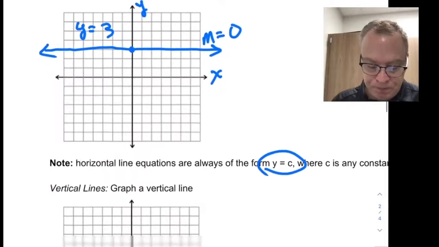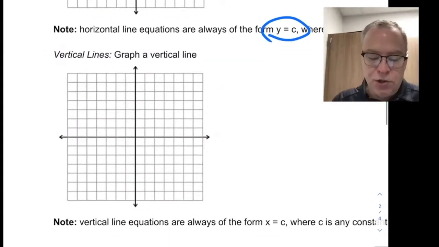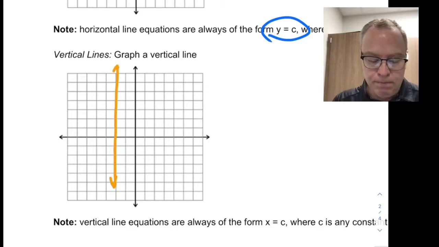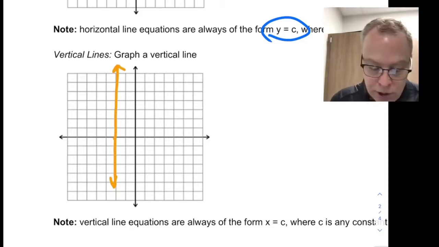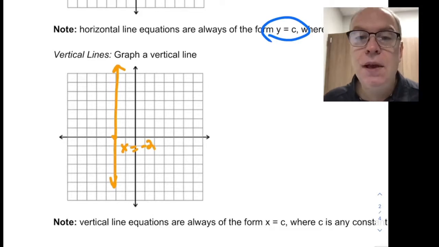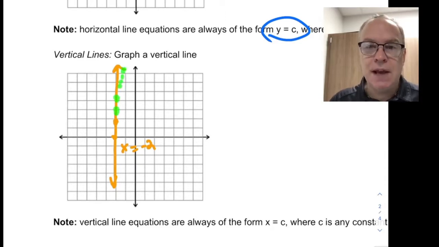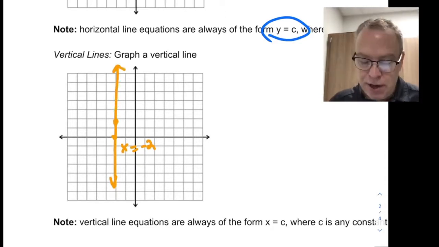the slope is 0. Vertical lines. Let's draw a lovely vertical line. Here we go. There's a vertical line. I want you to notice it goes through x is -2. In other words, x is always -2. If you're on this line, x is always going to be -2. So that's actually the equation of this line.